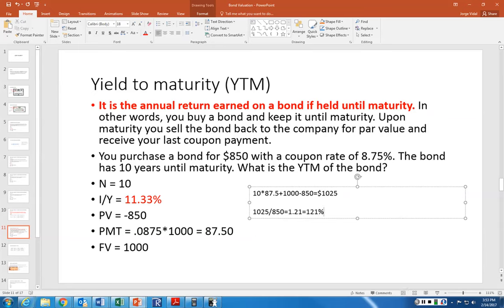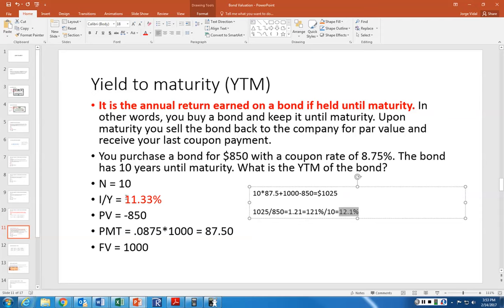That's total over 10 years. If you want to find an annual average yield, let's divide this by 10 years, and that will be equal to 12.1%.